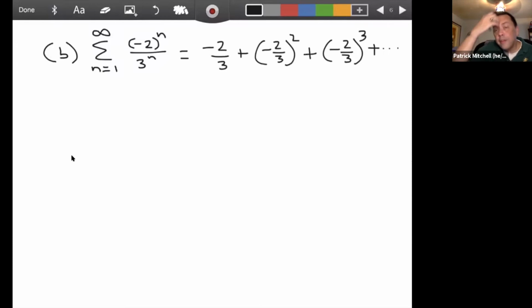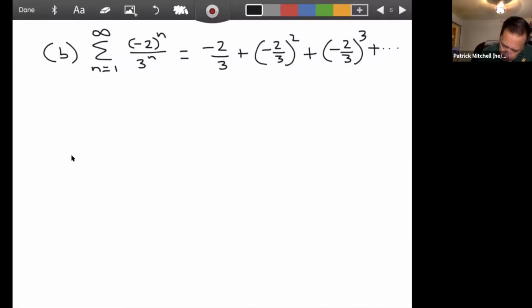Okay, so I mentioned to you a little while ago, when we were talking about the root test, that when everything is to the nth power, that is a cue that the root test would be good. But I also mentioned that there are some specific circumstances under that where the geometric series is even easier. This is a geometric series because both of those bases, the negative 2 and the 3, are constant.